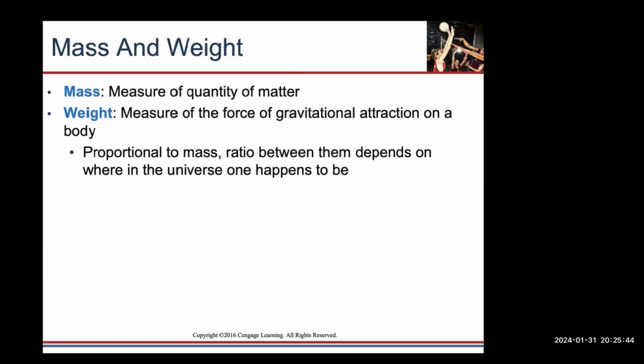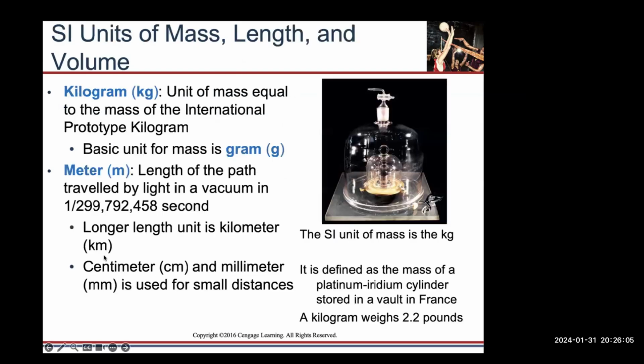If I say your mass on the Earth and the moon, are they going to be the same? In that case, yes, it's going to be the same. But if I say your weight on the Earth and the moon, are they the same? No, they're not, because the gravitational pull on the moon is less than that of the Earth.